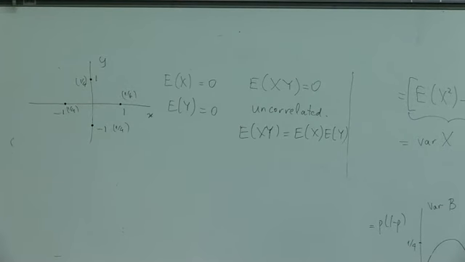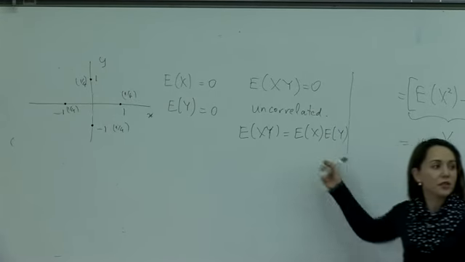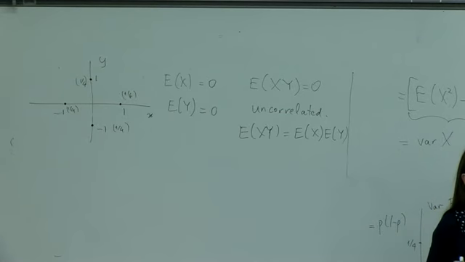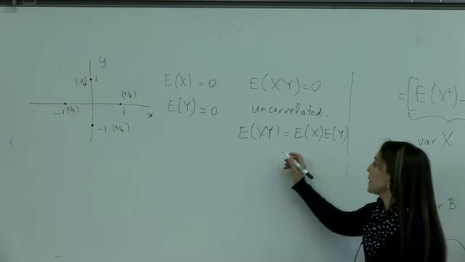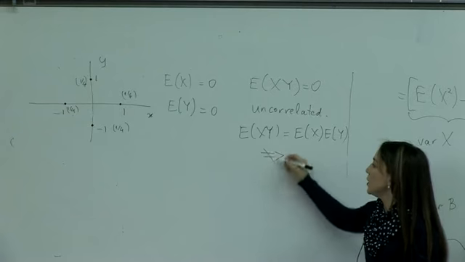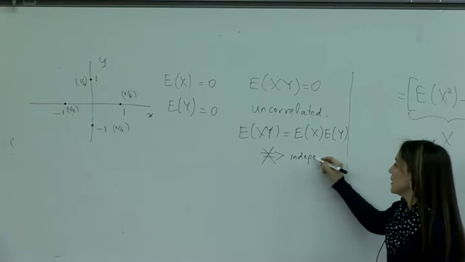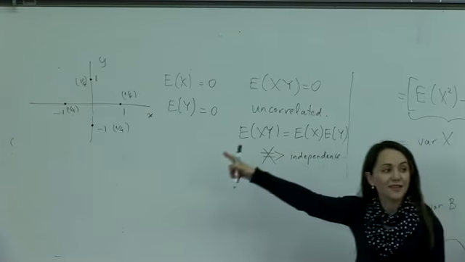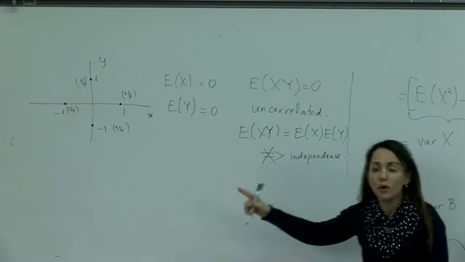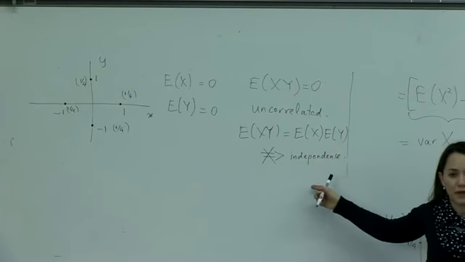How do you know they are independent? Okay, so that's exactly the point I'm trying to make. This is necessary but not sufficient for independence. So this does not imply independence, and this is exactly a counterexample to show that this is not sufficient for independence.